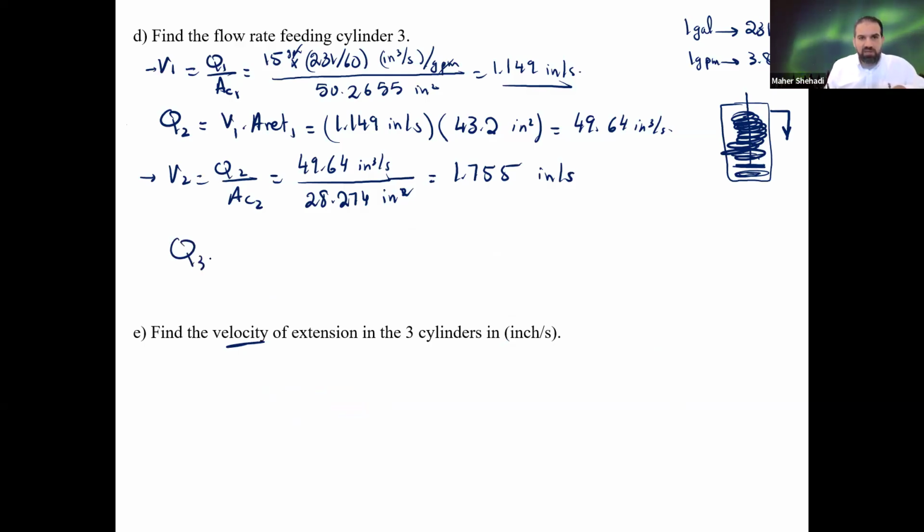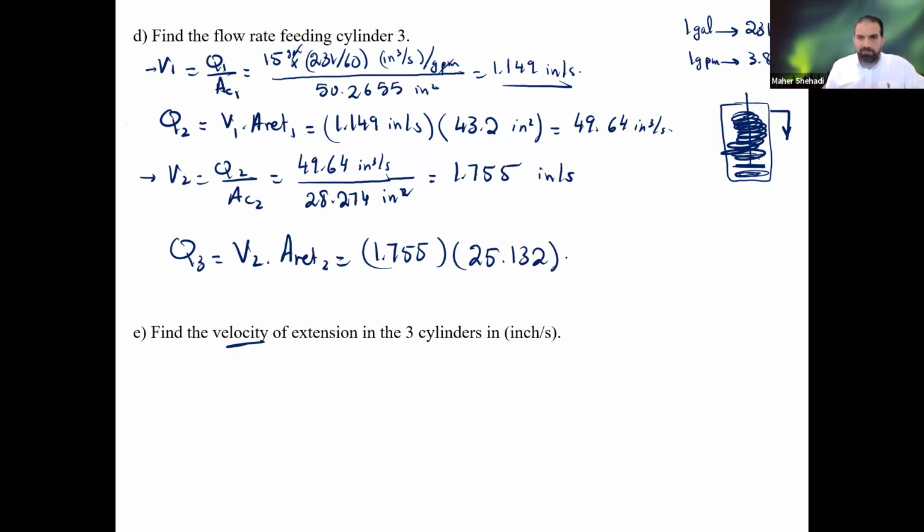Q3 is V2 times A retract for cylinder 2, so it's 1.755 times A retract 2, as we said, 25.132, and that would give me 44.117 cubic inch per second.